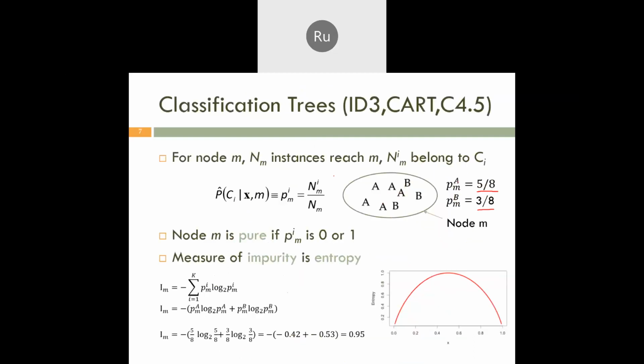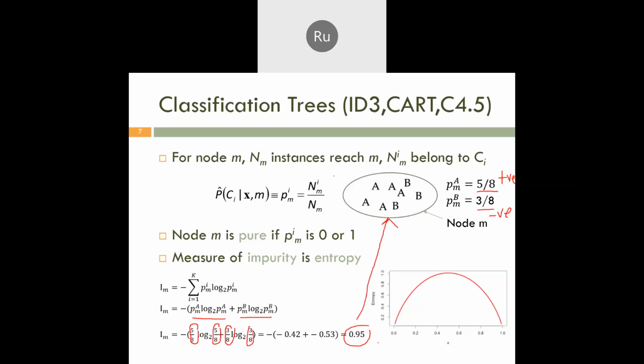Let's assume A is positive and B is negative. When we form the formula, this is for the positive and this is for the negative. This is the probability of having symbol A, 5 over 8, plus the probability of having symbol B. Once we compute that, we get 0.95. This is the entropy for this partition.